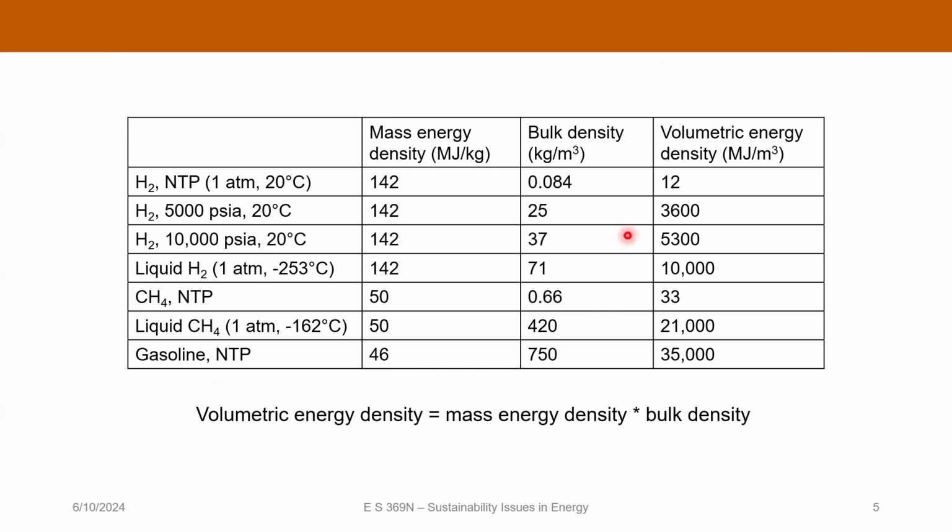But like I was saying, look at how the bulk density differs. It's almost a factor of 10 lower than methane at normal temperature and pressure. Because of that, when you convert this to a volumetric energy density, hydrogen has about 1/3 the volumetric energy density compared to methane at normal temperature and pressure.